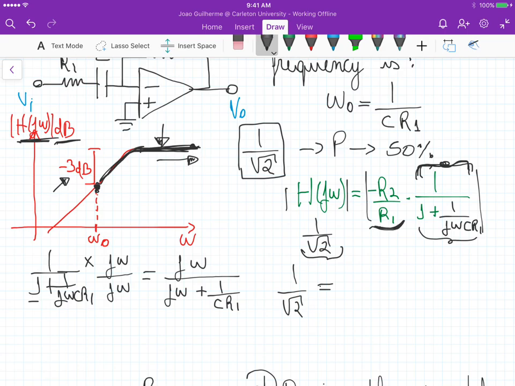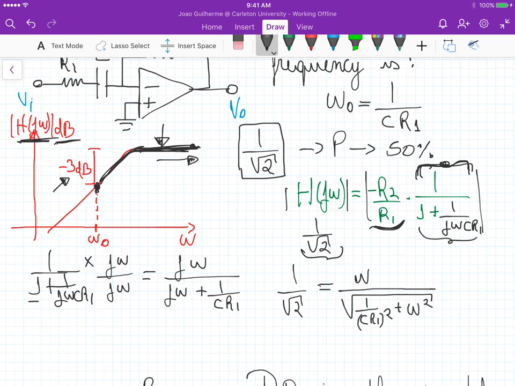So the magnitude of j omega is just omega. Okay, and down here we have the square root of the real part, so it's 1 over C R1 squared, plus the imaginary part squared, so omega squared.